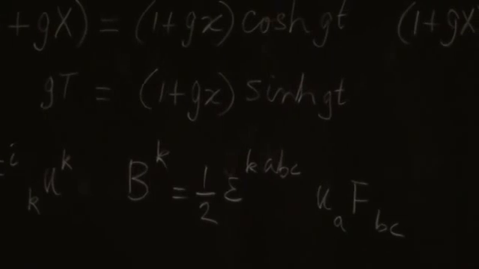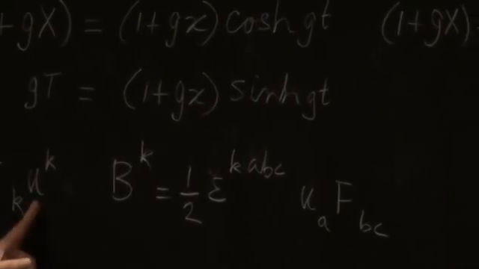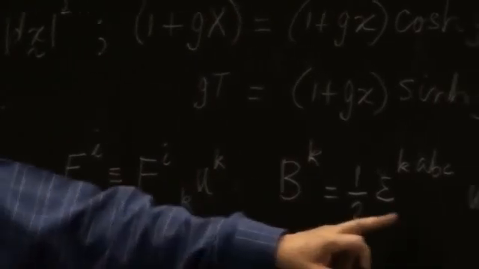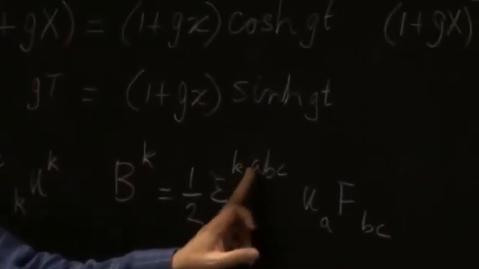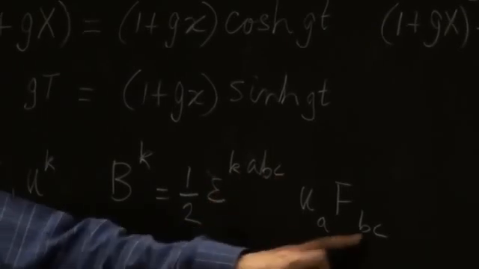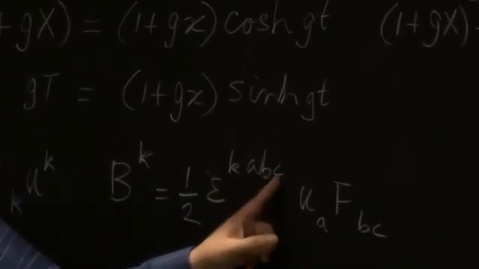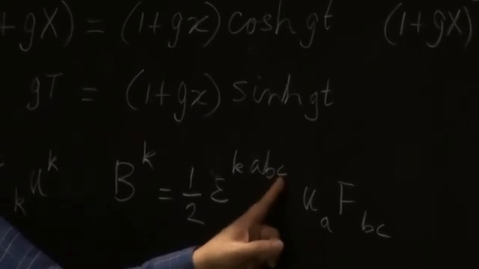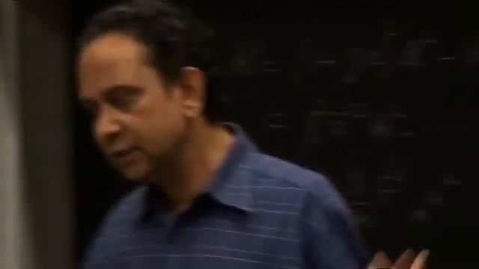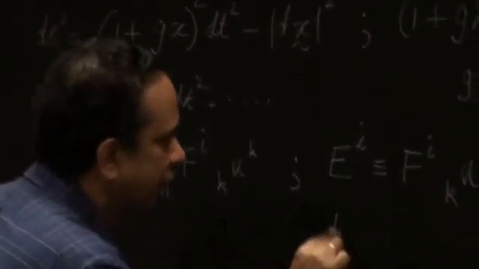And you can again convince yourself that if you go to the rest frame of this charged particle, then things match out. This will give you the electric field, and in the rest frame, this a is going to be 0, and then you will find that these three have to be spatial components, and the spatial components of this with bc will give you the magnetic field, and the only remaining component will stay. Okay? And this is also nice in the sense that the electromagnetic field tensor F_ik itself can be reconstructed out of that.